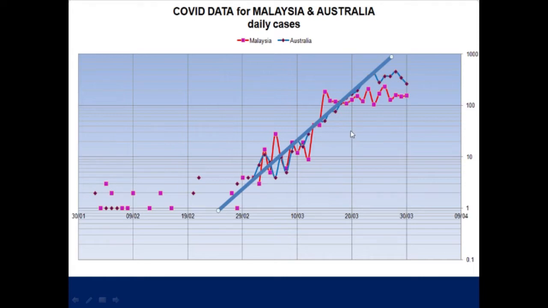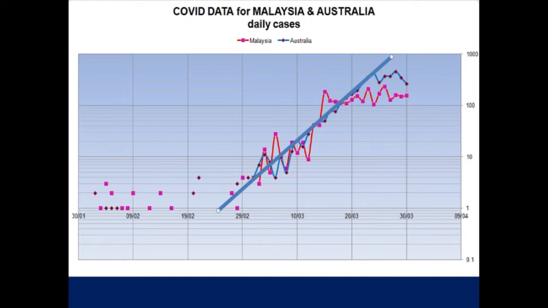However, around 25th of March, you can see that the curve has started to deviate from the slanted straight line, which implies that probably the cases have stabilized. It doesn't really mean that it's not going to reduce, but it's been stabilized somehow. Will that be because of the imposition of the movement control order? I have no idea. It could be because of that, or it could be some reasons that we don't know.